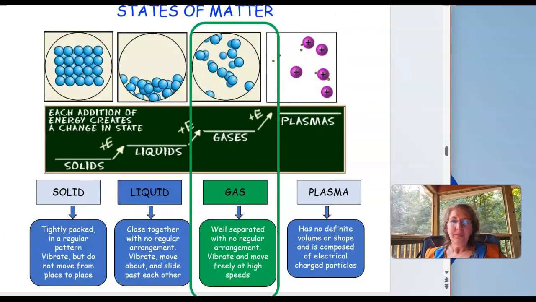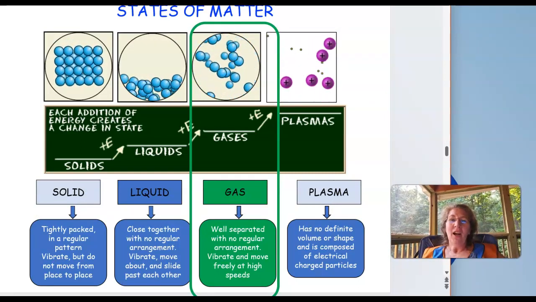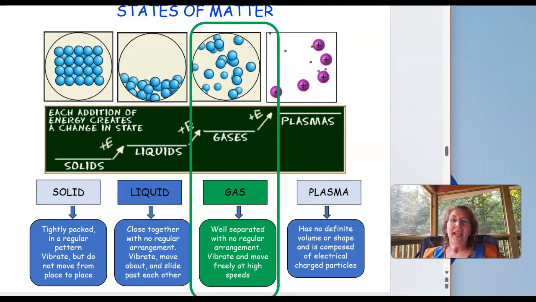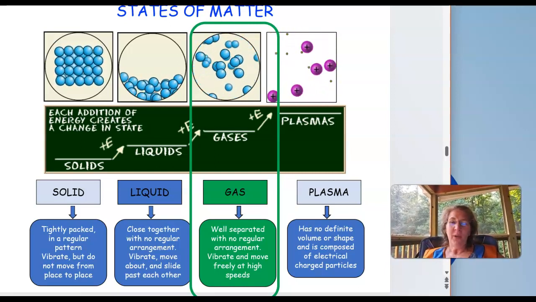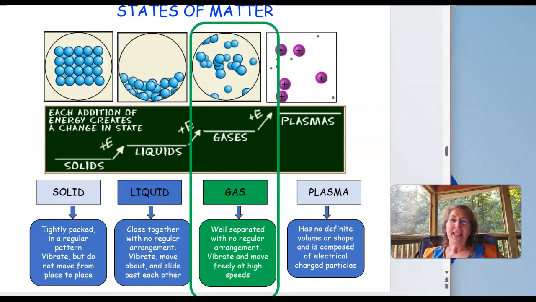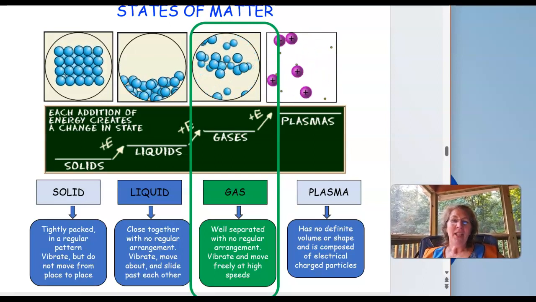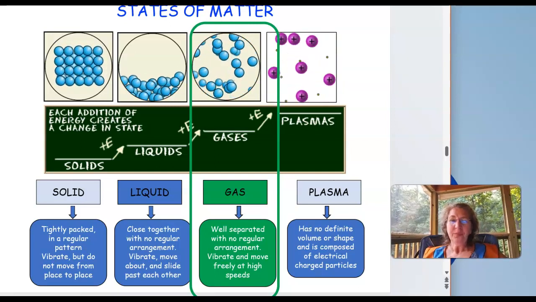The next state of matter are gases. Gases are moving very quickly. They have a lot of kinetic energy, and they escape from having to slide past each other, and they escape into the gas form.